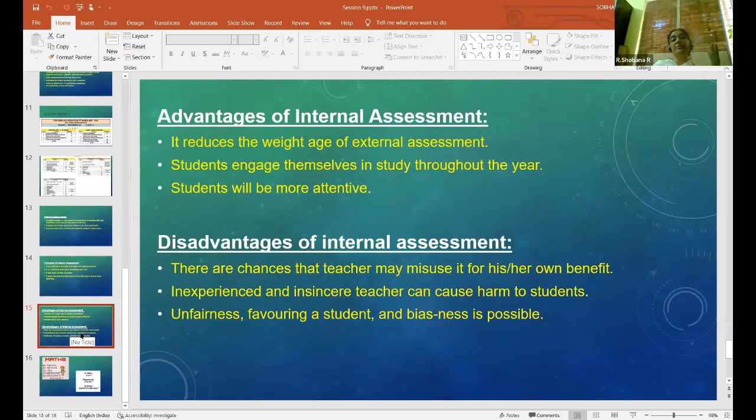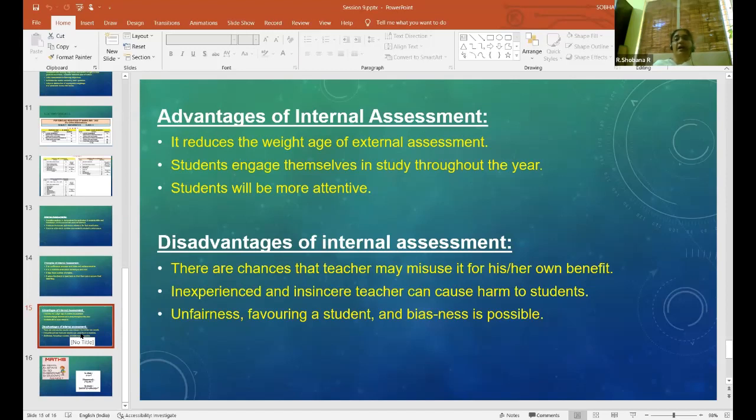Sometimes even if some parent has rubbed us in a very wrong way, we take it very personally, and some teachers use internal assessment to tweak the marks of the child. All these are very unprofessional approaches to being a teacher. All these can be used as a disadvantage to the child, which should be avoided at all costs.